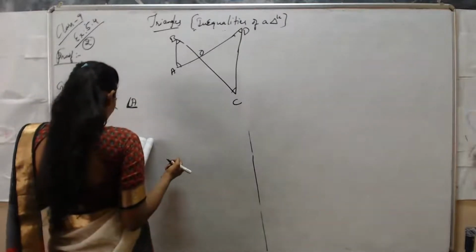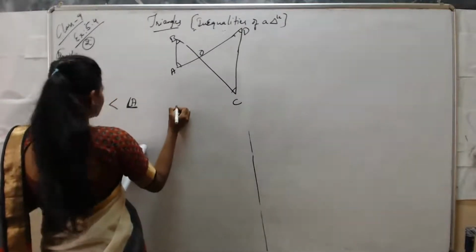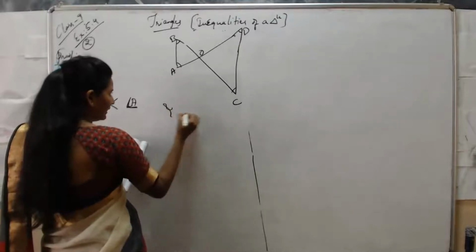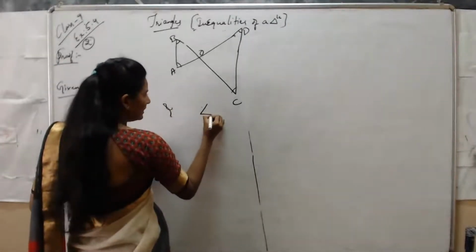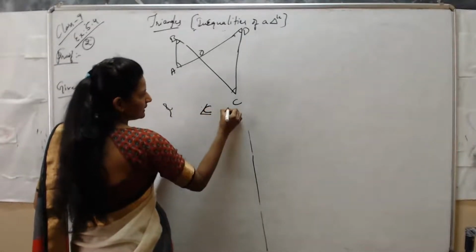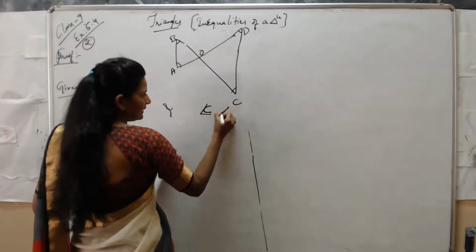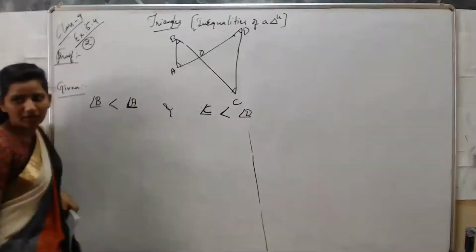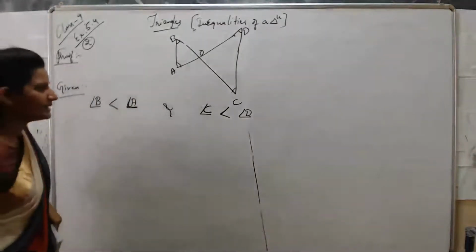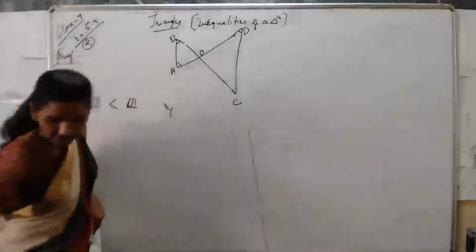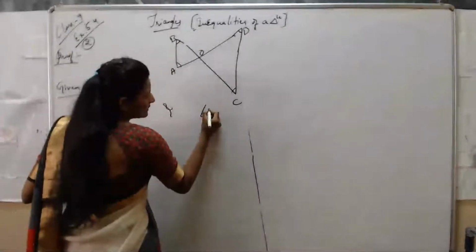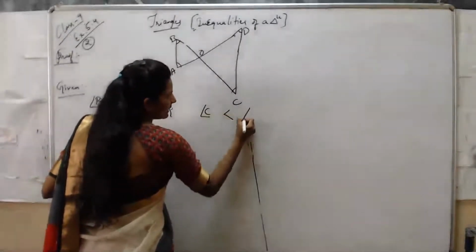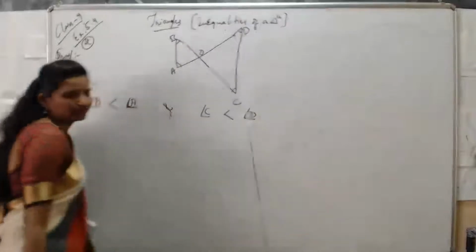And another is given: angle C is less than angle D. Now you got this.